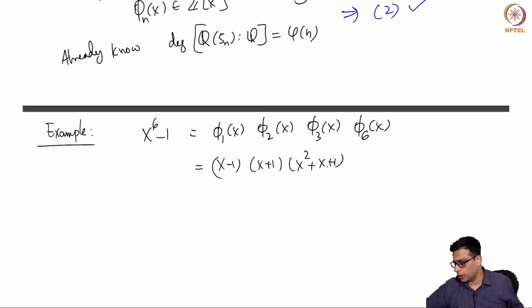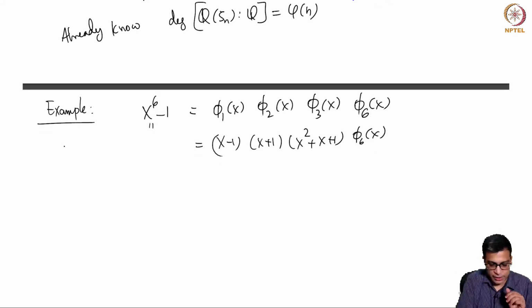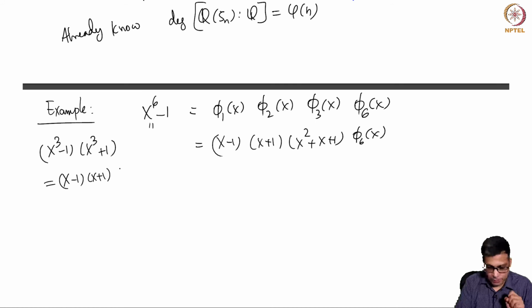So now you can see Phi6. So basically you can also separately write this as x cubed minus 1 times x cubed plus 1. This can be further written as x minus 1 times x plus 1, times x square plus x plus 1 times x square minus x plus 1.